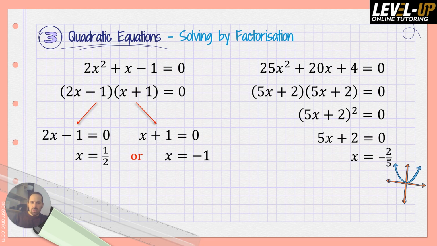Now, we've only got one solution there, but technically that is still two solutions. It's just the two solutions are the same because we've got two factors there, 5x plus 2 and 5x plus 2. Those two factors are the same, and so therefore they have the same solutions. So here, even though it looks like one, it's still technically two solutions. They're just both identical.